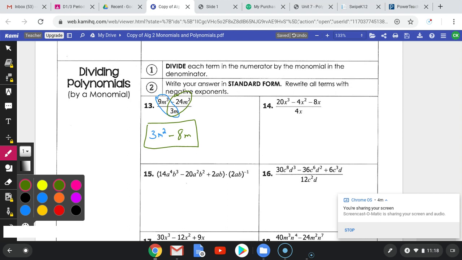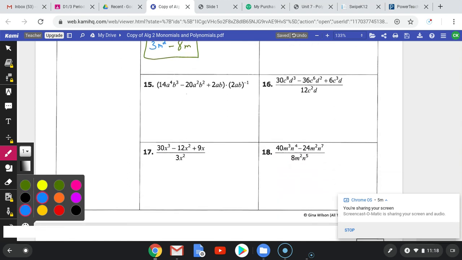Okay. Let's look at, say, number 15. If you recall, this negative exponent, what does this really mean? Remember, a negative exponent really means 1 over that thing.